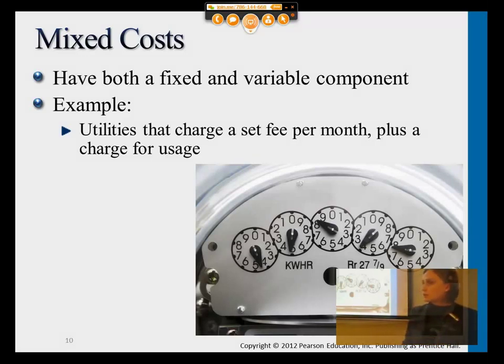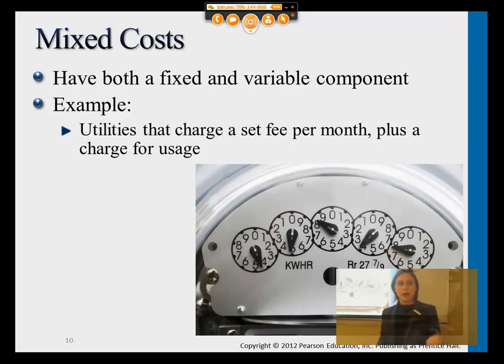An example of mixed cost would be your cell phone. Some of the plans are going to say, I'm going to charge you each month $50, and that $50 is going to include 100 minutes. On top of it, each minute that you go over is going to cost you, let's say, 50 cents.